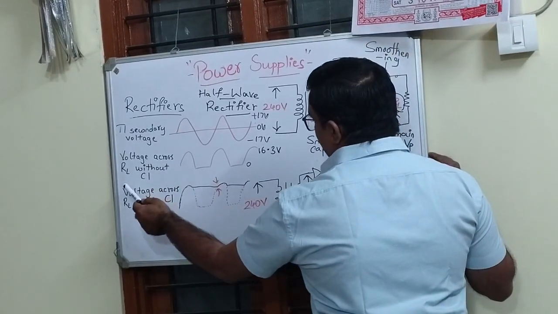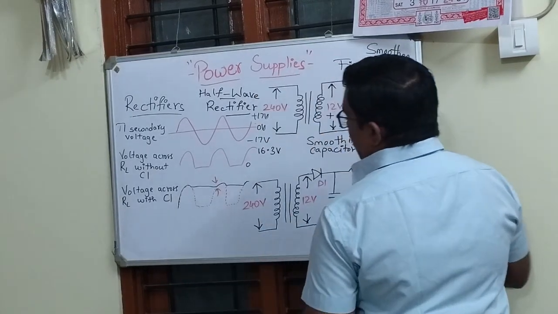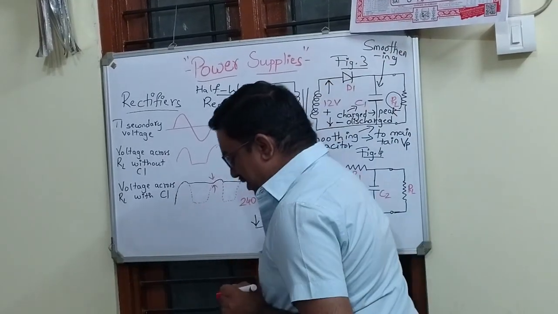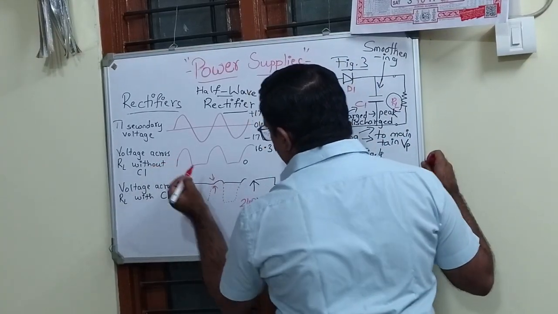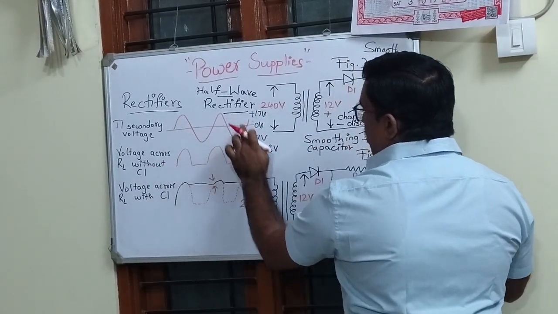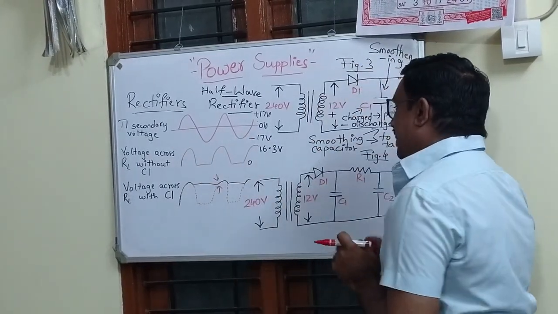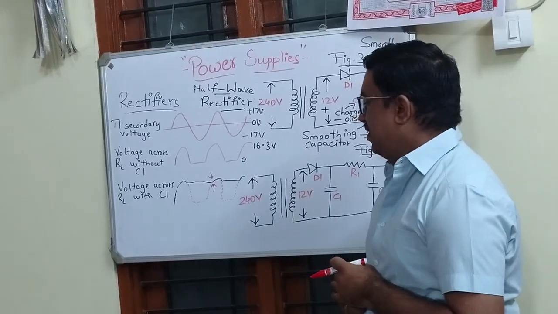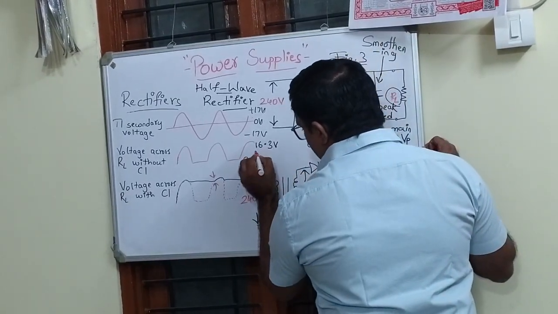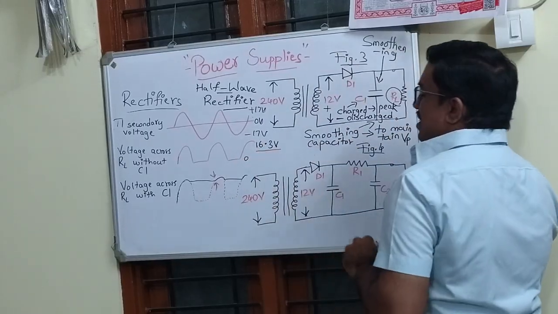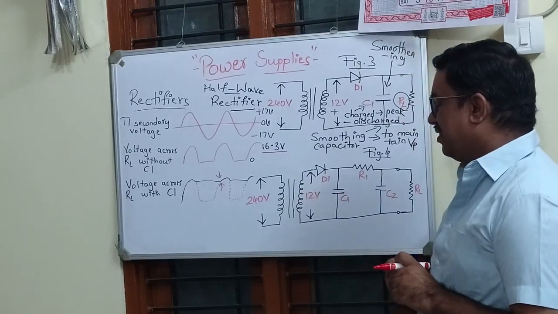The voltage across RL without C1 is just the positive half cycle, a replica of only the positive half cycles from T1, with the negative half cycle completely removed. This voltage is considered to be 16.3, considering the voltage drop of the diode D1.